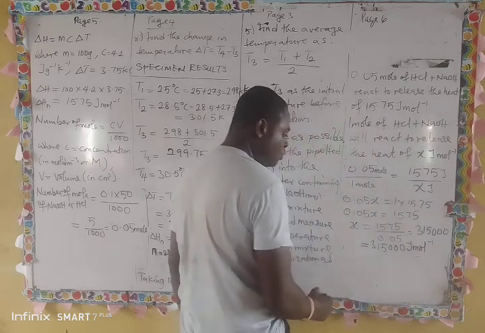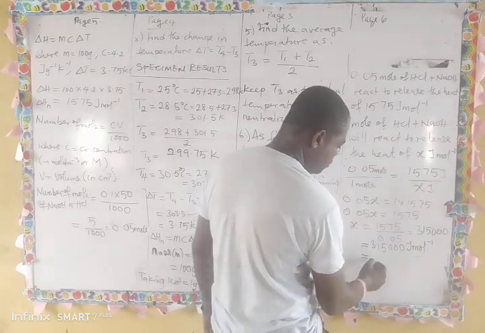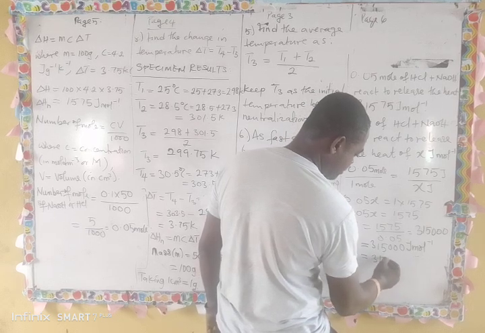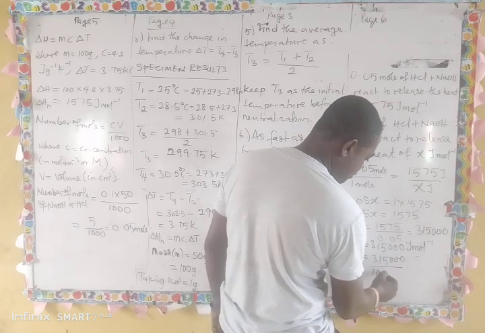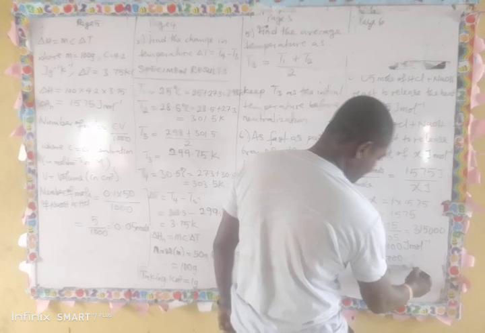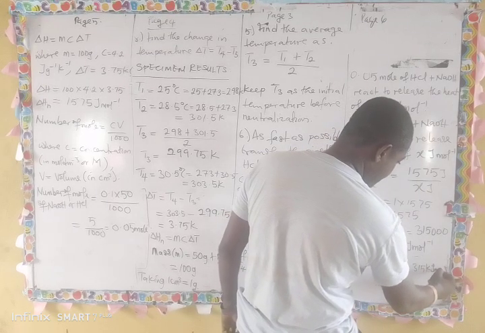Then if we are going to convert it to kilojoule, we divide it by 1000. What's our answer? 315 kilojoule per mole.